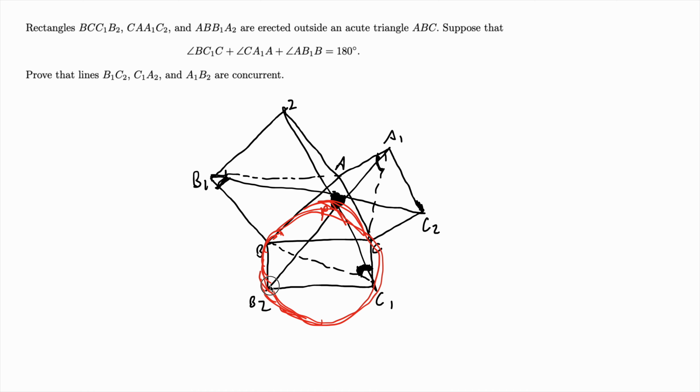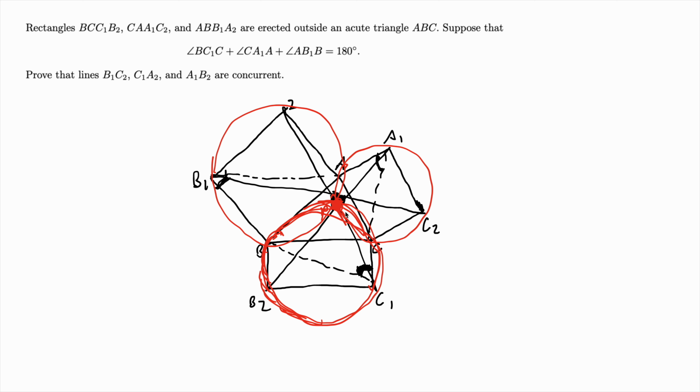After drawing these three circles, let's say the intersection of these two circles that is not C is P. That's how we define P.